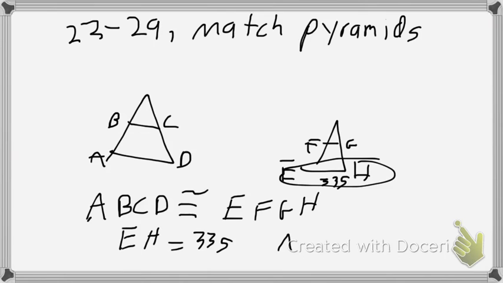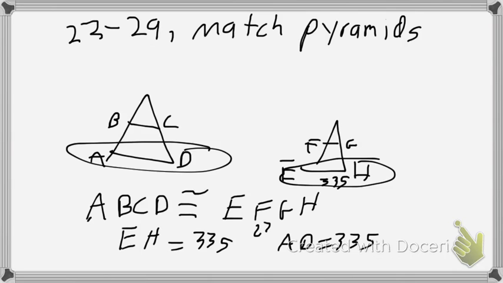We see that EH is equal to 335 feet. So we know that AD is also equal to 335 feet. So that's number 22. The rest of them, same exact thing, just matching up those missing parts.